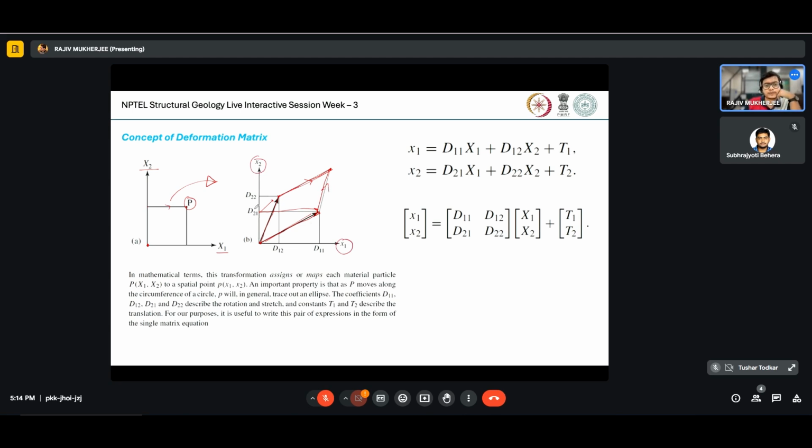So D11 is this point. Now this point has moved up to here. The distance to which it has shifted times the initial coordinate is this part, which is D11 x1.